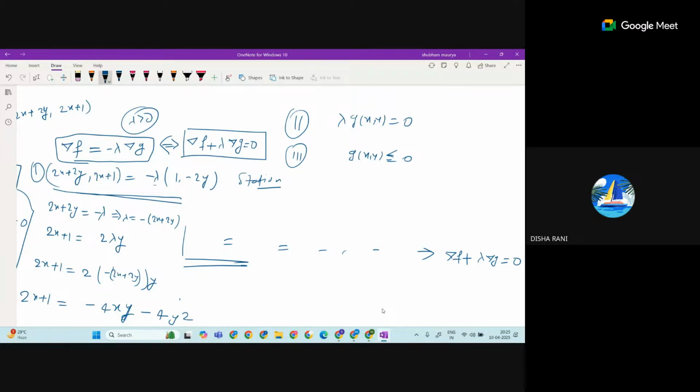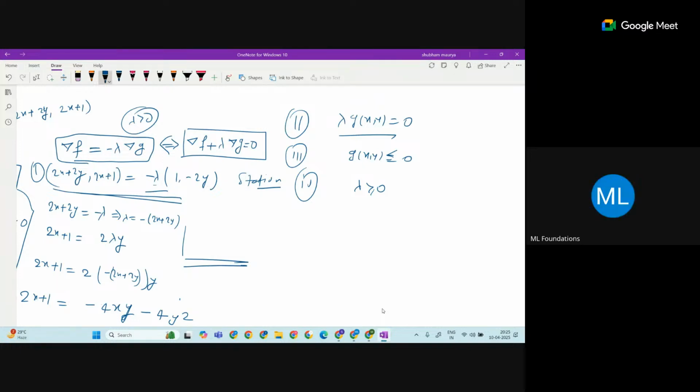Fourth, dual feasibility: lambda is greater than or equal to 0. So we have this stationary, and now you are saying this lambda will be used.